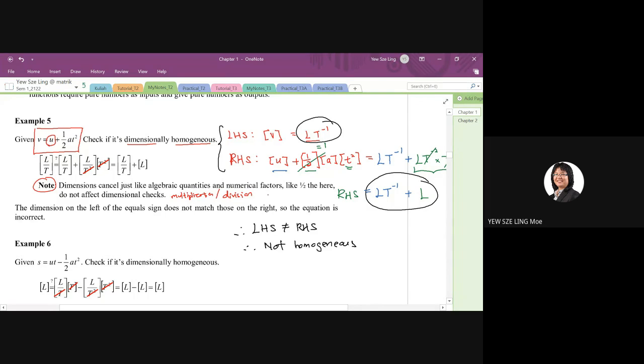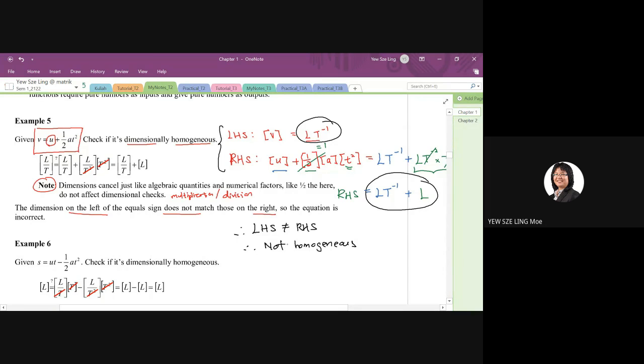But for addition and subtraction, you cannot do it. You cannot add it, you cannot subtract it. So if you look at this equation, the dimensions on the left do not match the one on the right. Therefore it is not homogeneous.